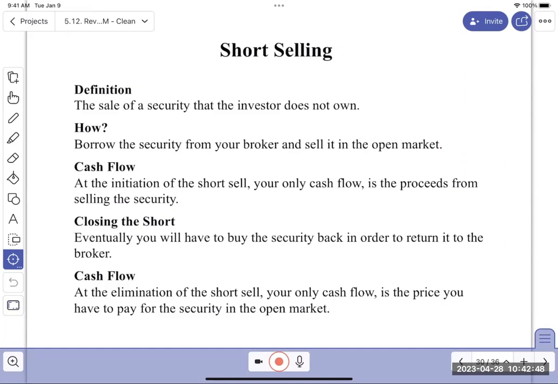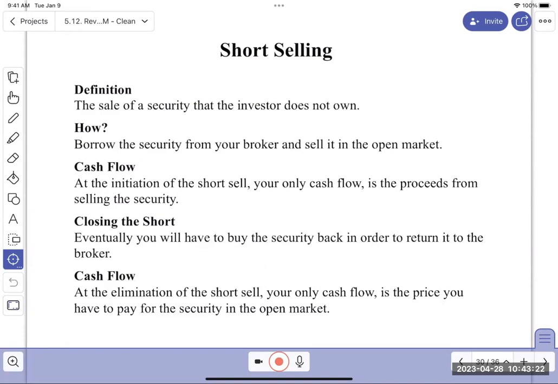And then at a later date that's been prearranged, you're going to purchase the asset in the market and return it to the broker. In practice, shorting is used when someone feels or has information that an asset's going to do poorly in the future and the stock price will drop. So when they return it to the broker, it'll be at a reduced price. So in the interim, they made a profit, right? A positive payout.